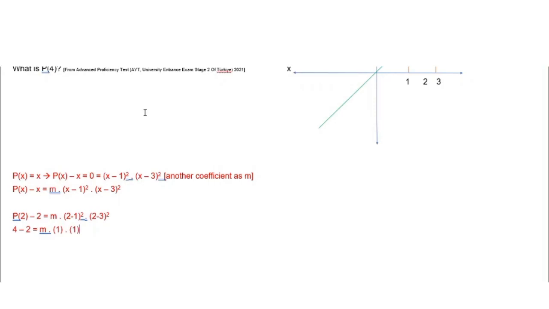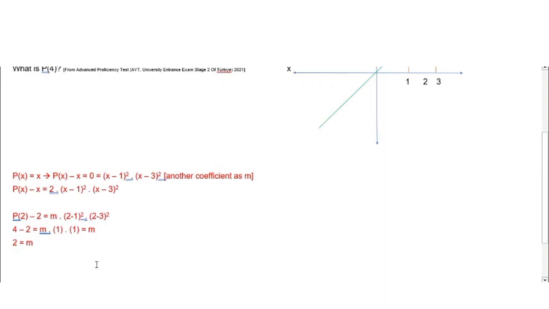I was going to write minus 1 squared, but I forgot it. And it equals m. So 2 equals m. We found what m is, so I can replace m by 2.